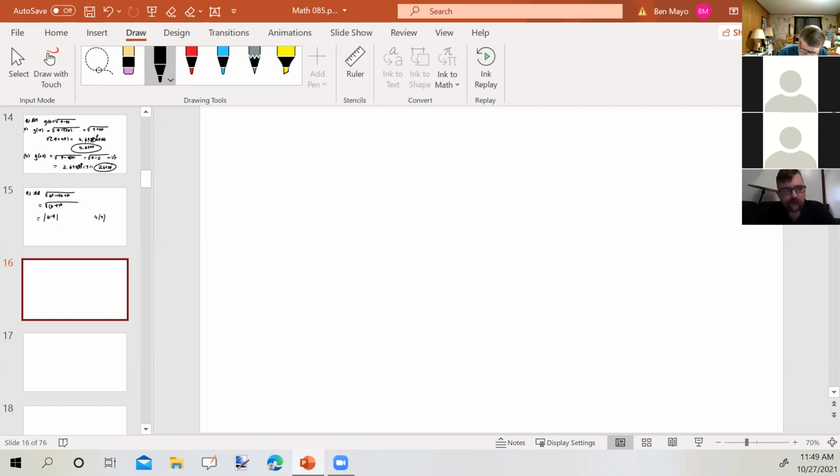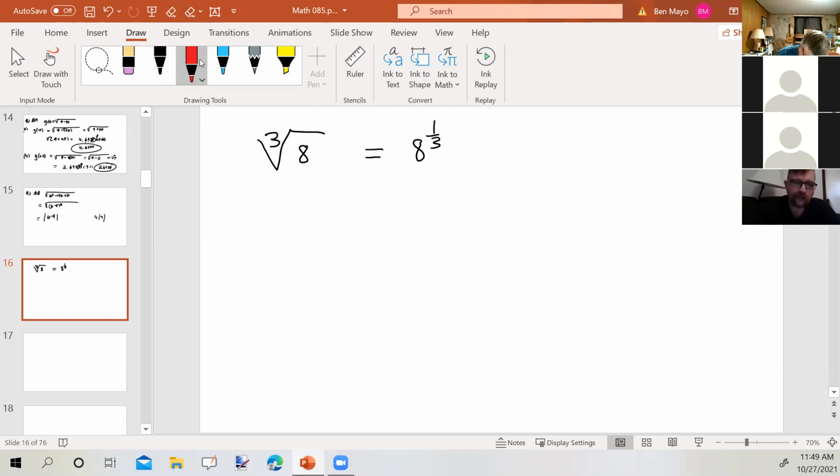And basically what we've got is this. Let's say we're talking about the cube root of 8, all right? To write that in exponential notation, that would be 8 to the 1/3 power. So what happens is the index of the radical becomes the denominator of the exponent.